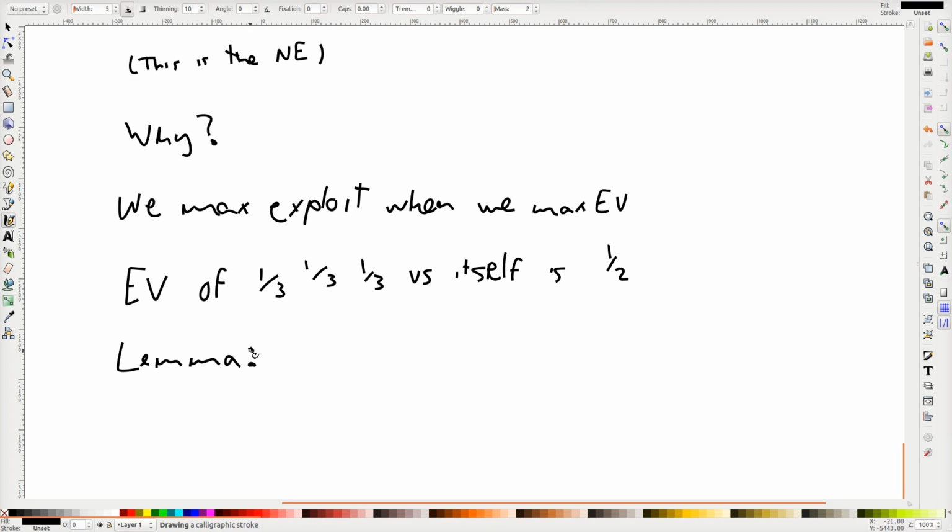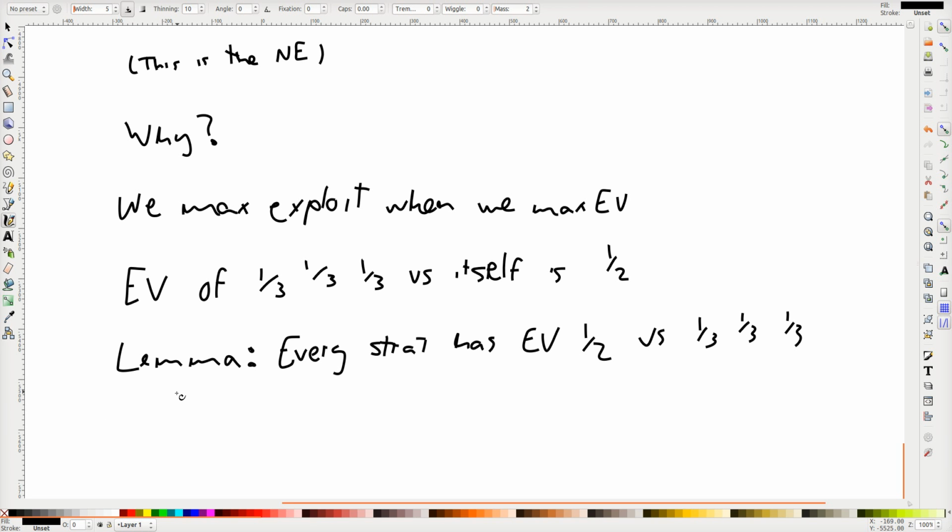So, lemma: every strategy has EV 1/2 versus 1/3, 1/3, 1/3. And the question is, why is this so? Here's how we're going to prove this. We're going to check that each pure strategy has EV 1/2 against 1/3, 1/3, 1/3.